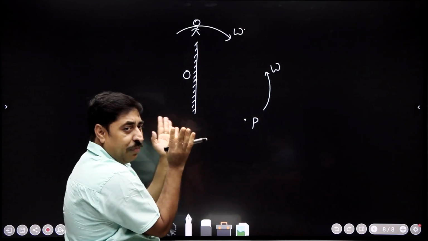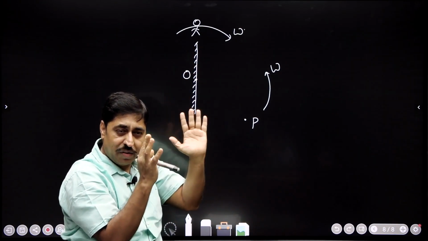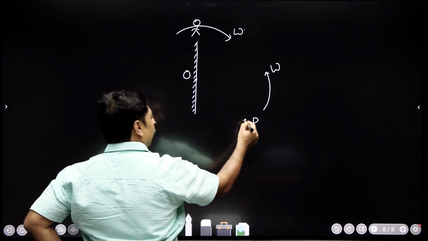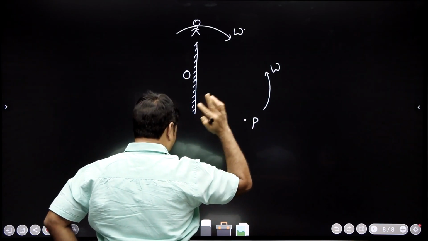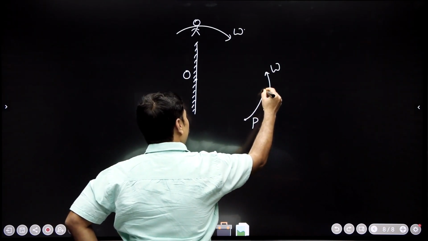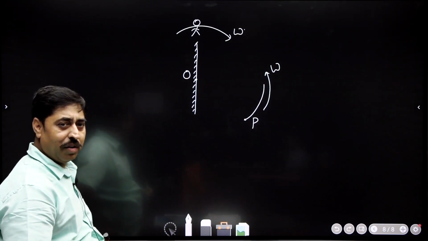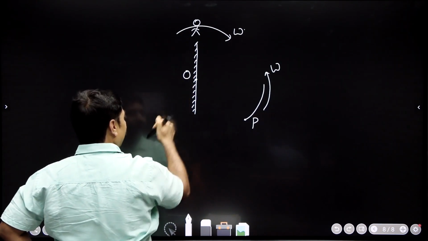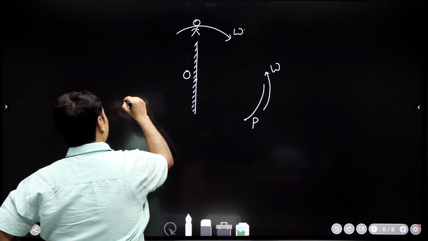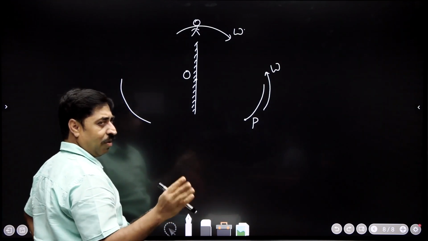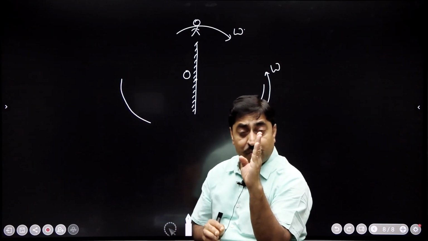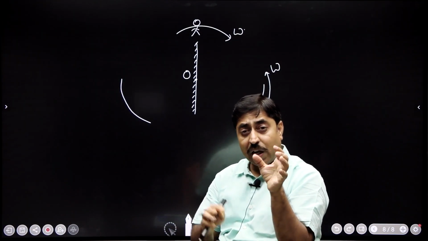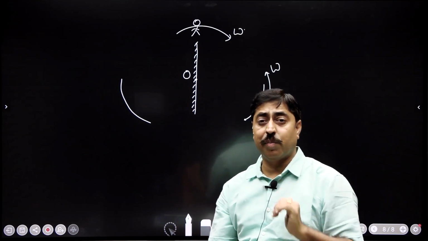So if the mirror is fixed in that frame, and the object point keeps moving on a circular path with angular speed omega, in that reference frame the image point will also rotate with angular speed omega. This is common sense. The mirror is fixed now, not moving, because we are in the reference frame that is rotating with the mirror.